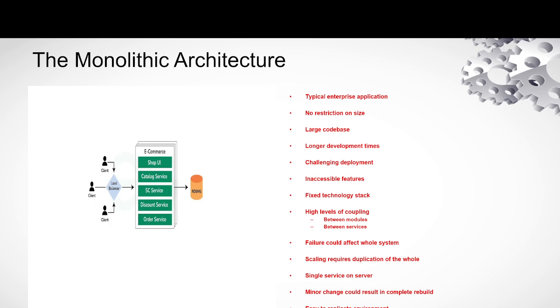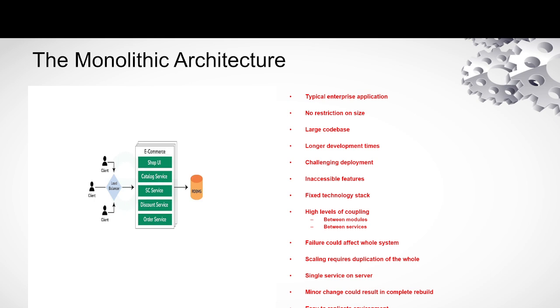There might be functionality in one of the modules within our overall package that might be useful to an external system, but it is hidden within our monolithic application. It might not be exposed via the service, so you might have a feature which is not accessible because it is one large code base. We are also stuck with one technology stack.